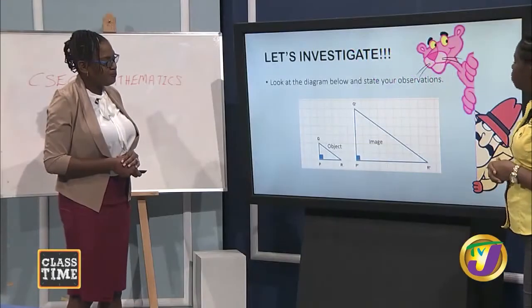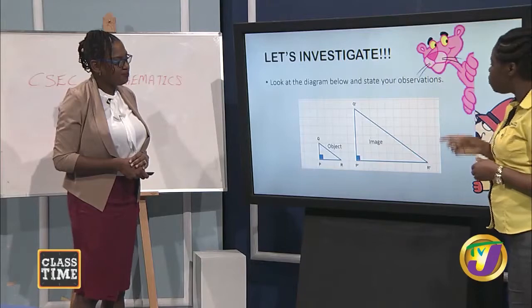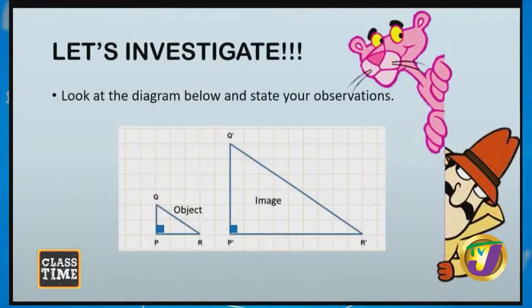So in terms of the relationship, I noticed that they would be proportional because, as you said, PQ is 2 units on the object, and on the image P prime Q prime is 6 units. And 6 would be 3 times 2. So is this going to happen with PR and P prime R prime?